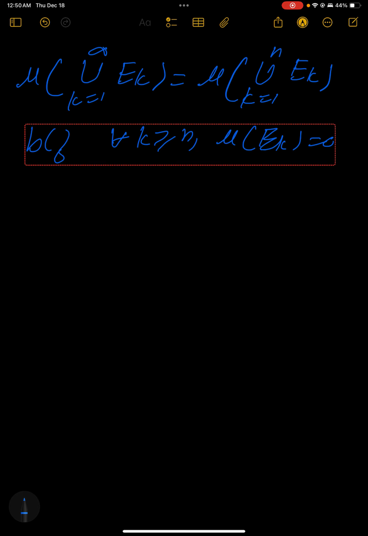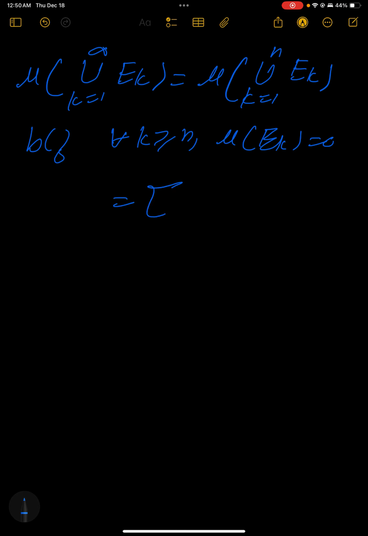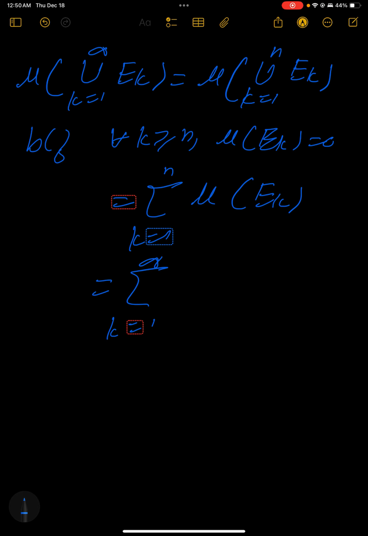Now we know that the E_k are disjoint sets, so I can write this as the sum of k equals 1 up to n of the measure of E_k. Again, I can extend that to infinity, because for k greater than n the terms are 0, so it doesn't affect the sum.